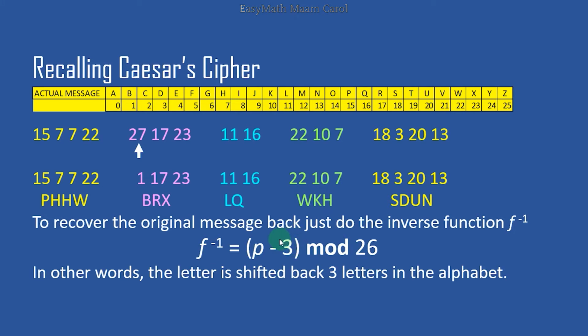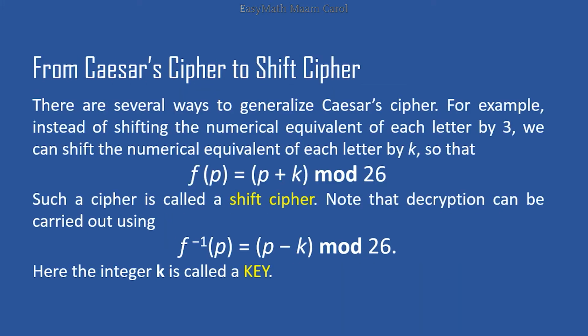So, ano yung inverse function? Kung kanina nag-add ka ng 3, ibalik mo siya pakaliwa naman sa 3. In other words, the letter is shifted back 3 letters in the alphabet. So, maibabalik niya kapag meron siyang inverse function.